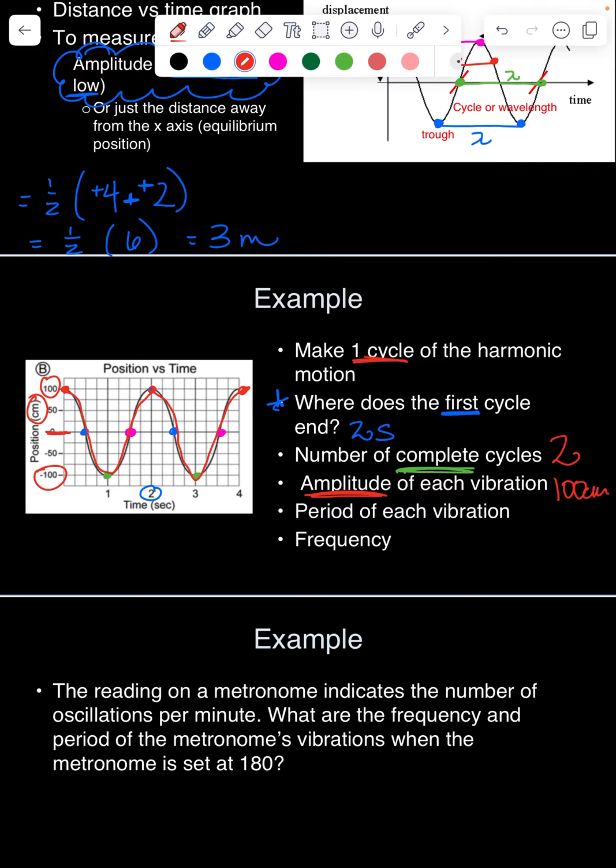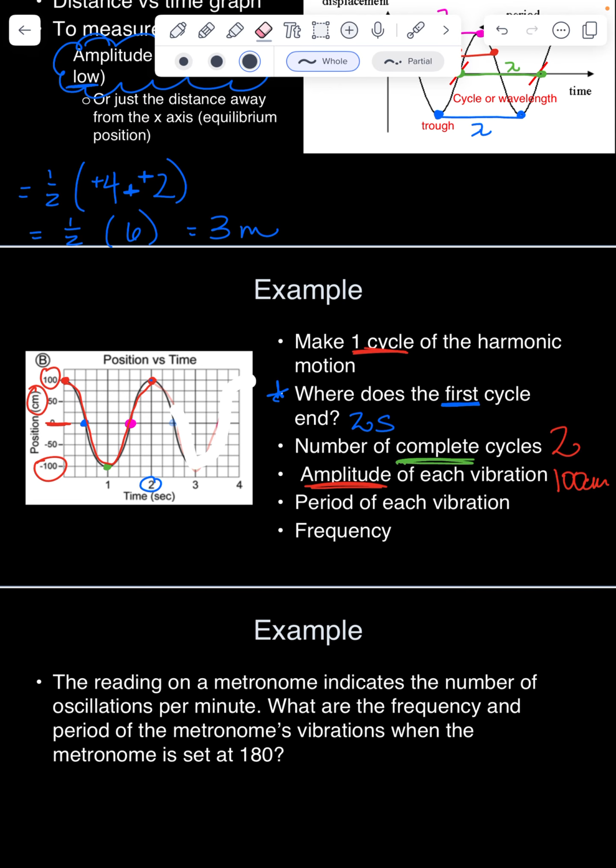Now, the last 2: the period of each vibration. That is how long it takes for one cycle to occur. We could use whatever points we chose. If we chose these points, that's from crest to crest. It ended at 2 seconds, so that 2 seconds was how long it took. Well, what if we started right here and went to this point? It's the same exact point on the very next wave.